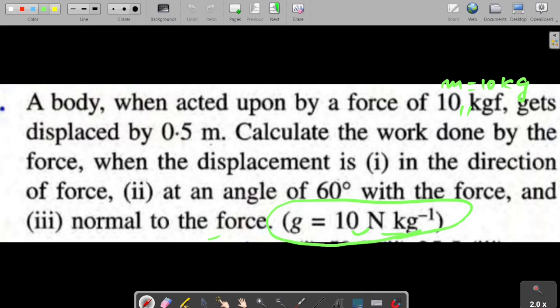So second part, at an angle of 60 degree with the force. This time the displacement is at an angle of 60 degree with the force.